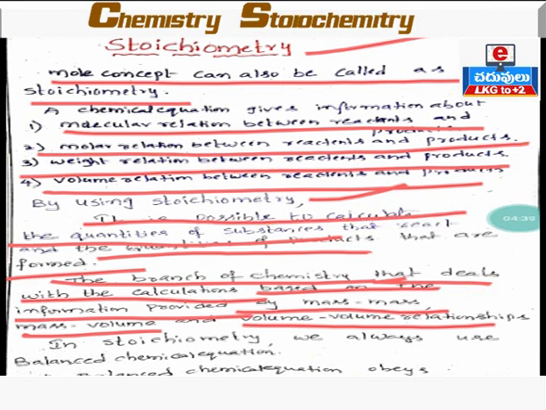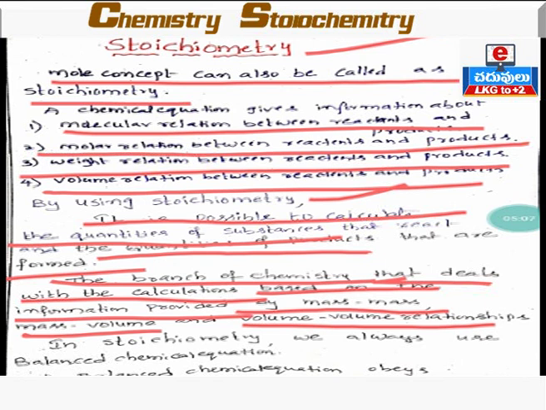So the branch of chemistry which deals with mass to mass, mass to volume, and volume to volume relationships is called stoichiometry.